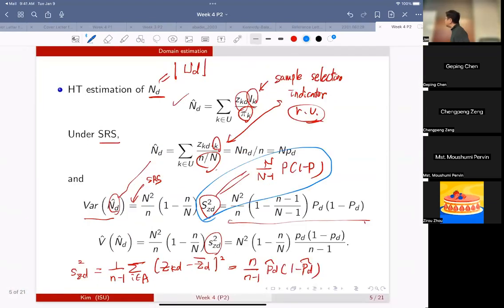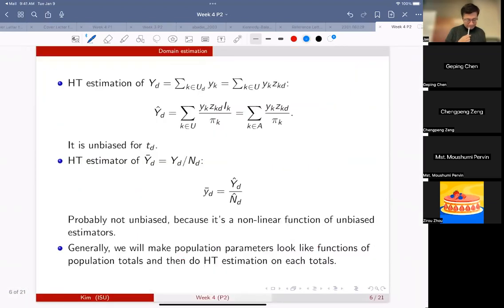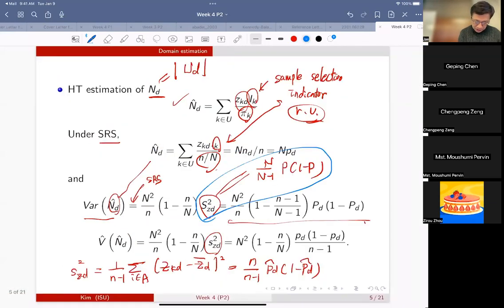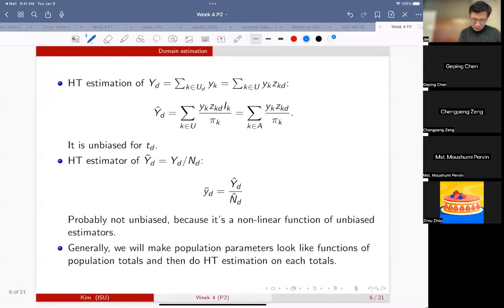And now this is a total, right? And this is also a total, but a total of the indicators. But here this is a total of y_k times z_kd.